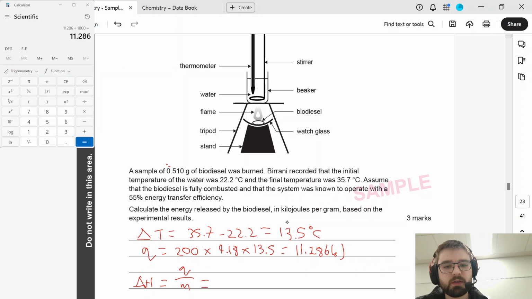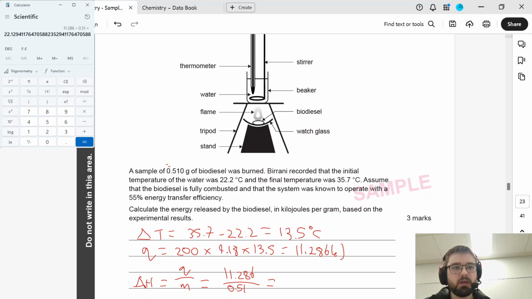So Q is going to be 11.286 kilojoules. The mass is 0.51, so we take that, divided by 0.51. We get 22.13 kilojoules per gram there.